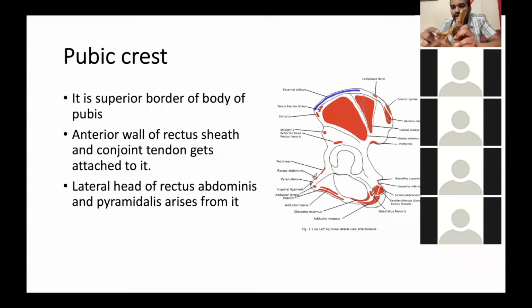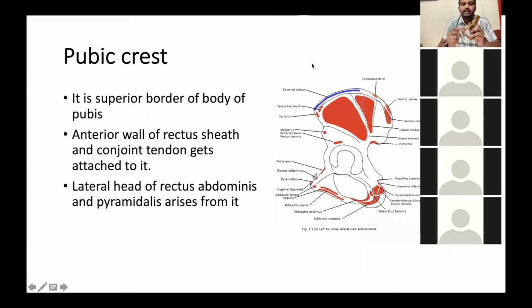The superior border of the body of the pubis is called the pubic crest, and this pubic crest provides attachment to the anterior wall of the rectus sheath, and not only that, the conjoint tendon is attached to it.